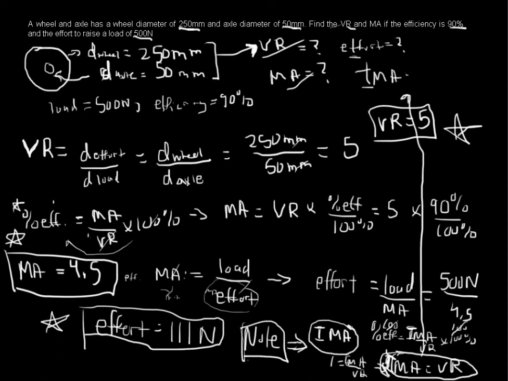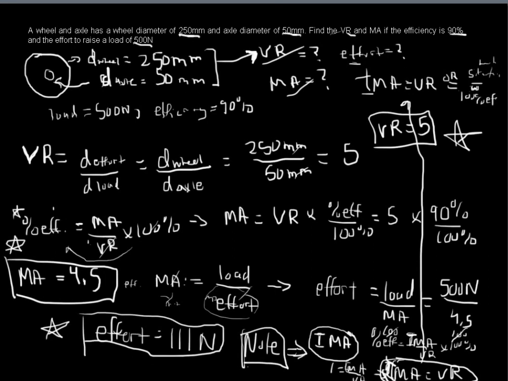Ideal mechanical advantage is equal to the velocity ratio, or another way of thinking about it, it's the mechanical situation with 100% efficiency. These are essentially the same thing.